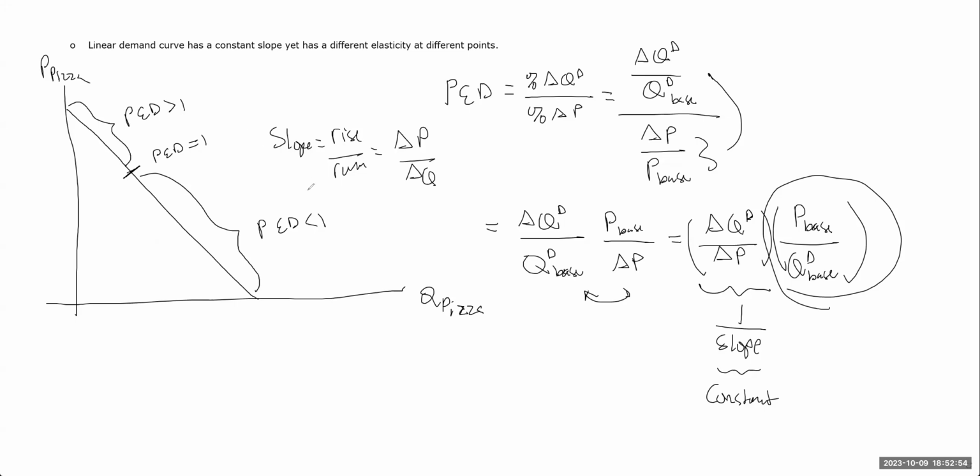We are done now with price elasticity of demand. We're going to move to income elasticity of demand now. Okay. Income elasticity of demand, I use IED for that. It's how much quantity demanded of some good or service responds to a change in income.